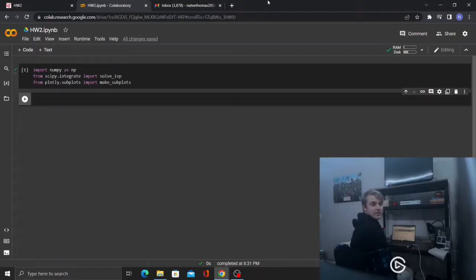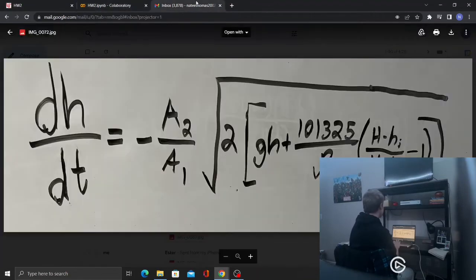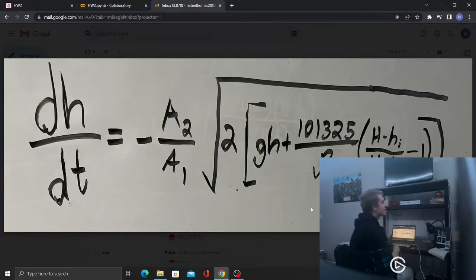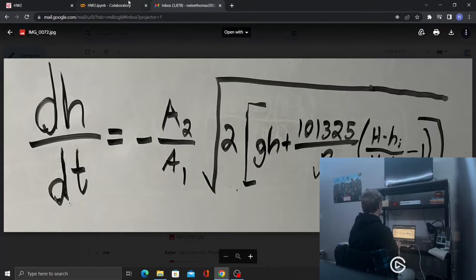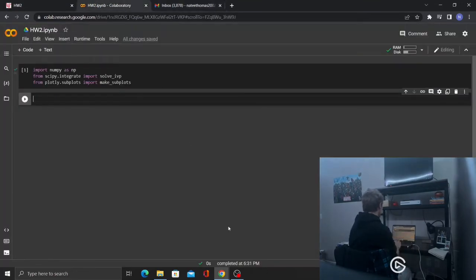So now we will start our coding part of this video, where we will be solving this differential equation right here and plotting our answers as well. To start off, I've already put in some of the imports that we need for this code. The first one right here is importing numpy as np, and that is numerical Python.